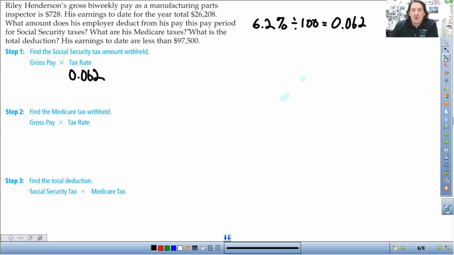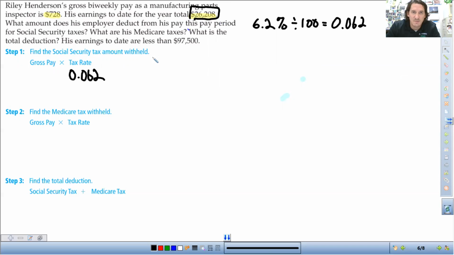There are two earning statements here: his biweekly statement, $728, and his year-to-date total. The only reason the earnings to date for the year is in this problem is that for Social Security, if his earnings are more than $97,500 at this point in the year, then we wouldn't have to do the Social Security part.